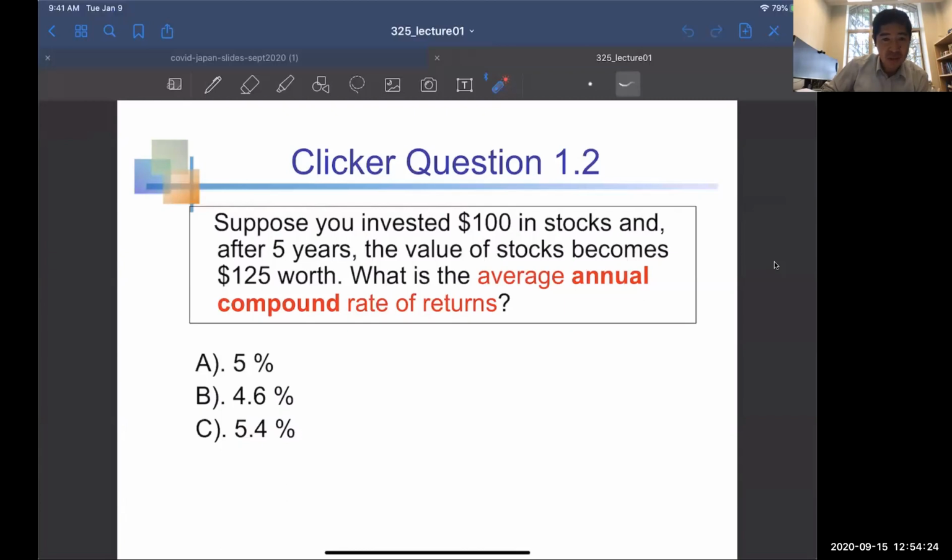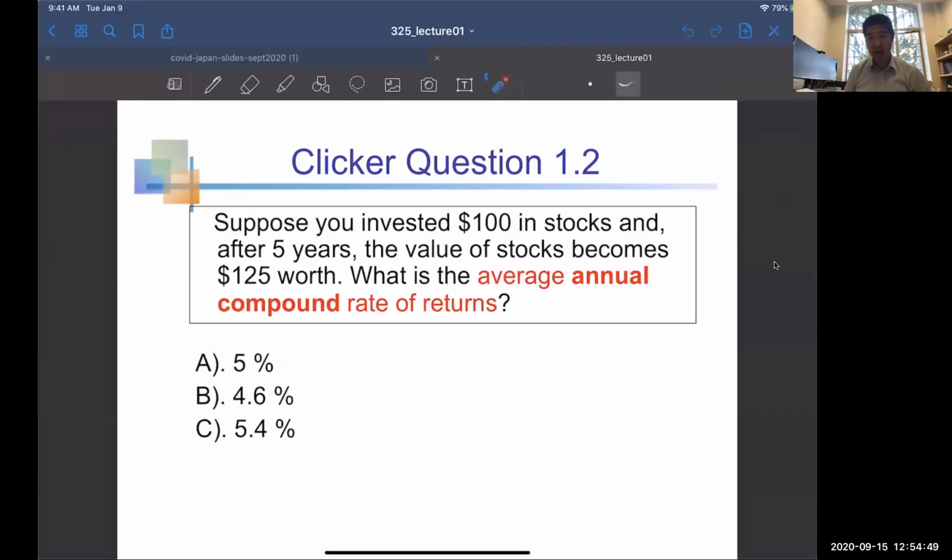So obviously it's a trick question in the sense that I on purpose give A because 125 minus 100 divided by 5 is 5. So I always hope that somebody is going to answer A, but it's not, right?